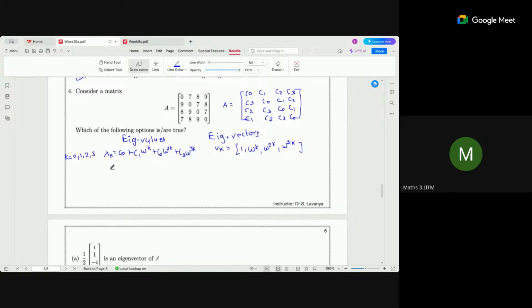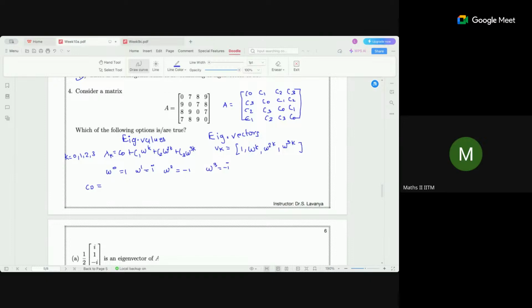In our specific case, omega power 0 is 1, omega is i, omega square is minus 1, and omega cube is minus i. Now can you calculate all the eigenvalues of this matrix? First of all, tell me what is C0? 0.